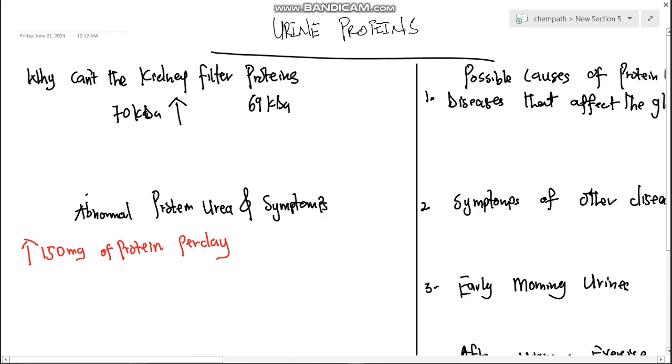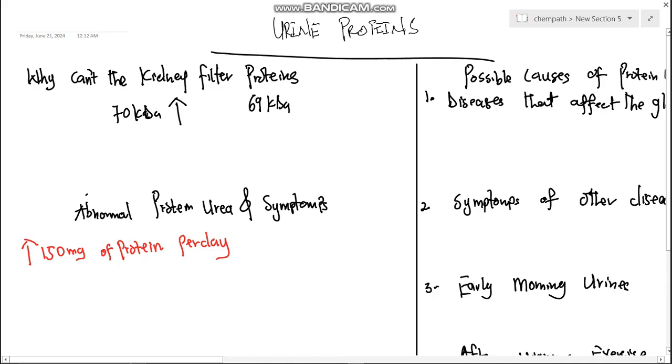So the kidney is unable to filter albumin. And most of the other alpha and beta proteins have a larger molecular size, which makes the kidney unable to filter them. The kidney has a fenestrated endothelium, with fenestrations so tiny that they only allow certain molecules to be filtered. So that is the main reason why the kidney cannot filter proteins.